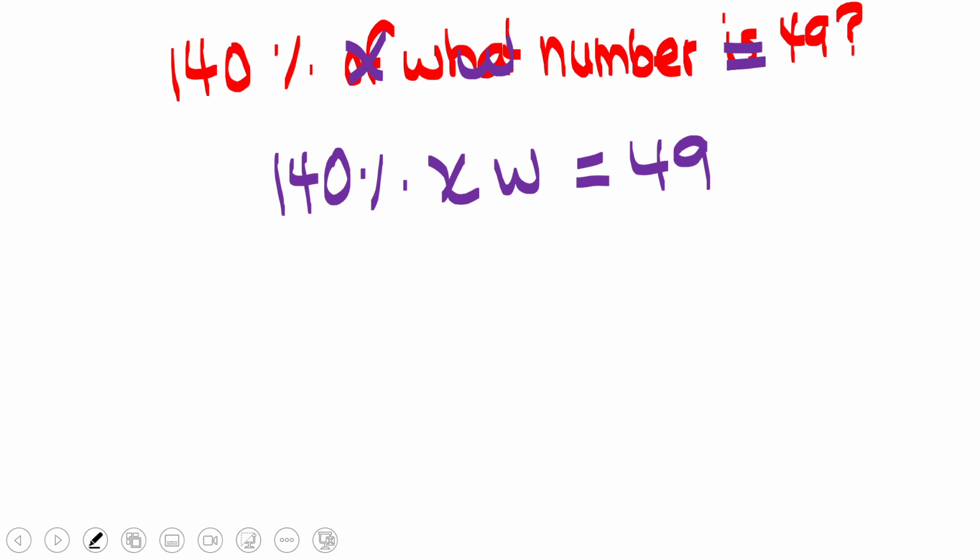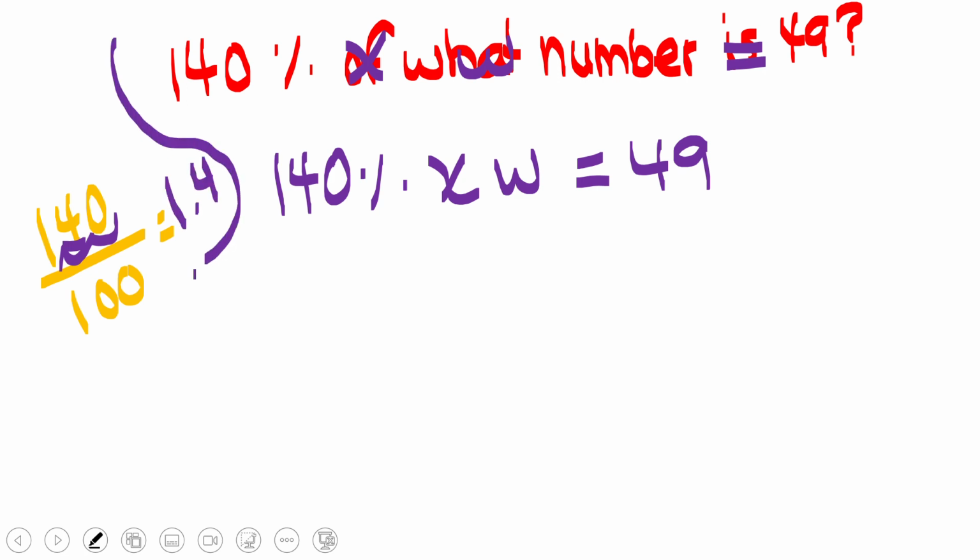So we're just using the same formula. We're going to convert our percentage into a decimal. Put our percentage over 100. We're dividing by 100. So if that's true, then our decimal is going to move to the left twice, in 2 places. Okay, so 1.4 renames 140%.